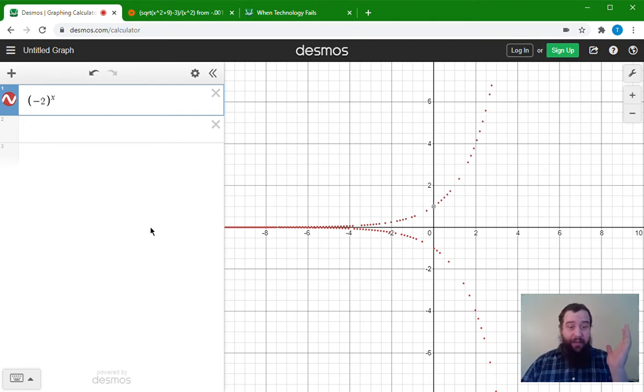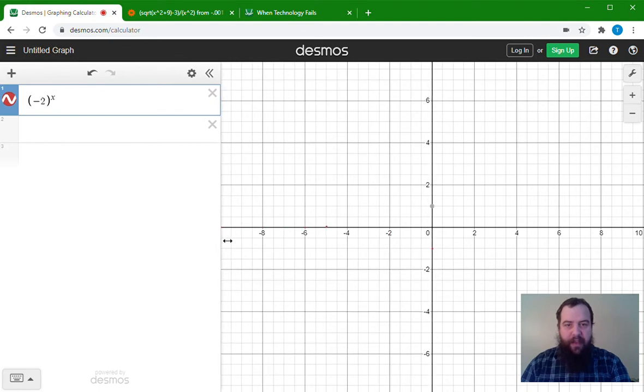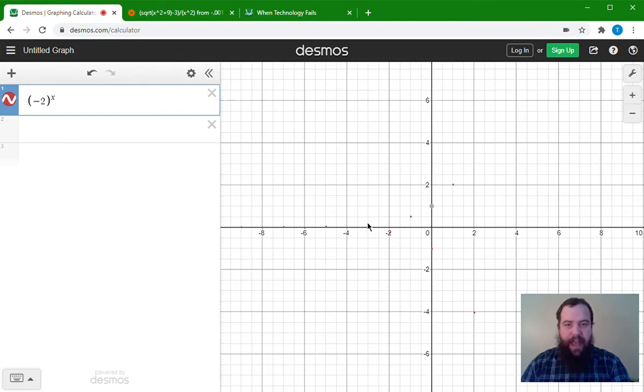But the thing that I really like about this example is that as we adjust the width of the viewing window, and you can do this also by changing the width of your browser window when you're looking at this interactive, the graph changes. So here we see just a scattering of points.